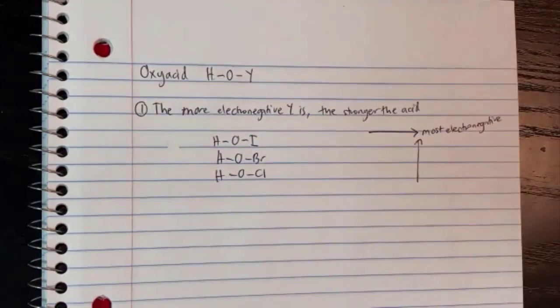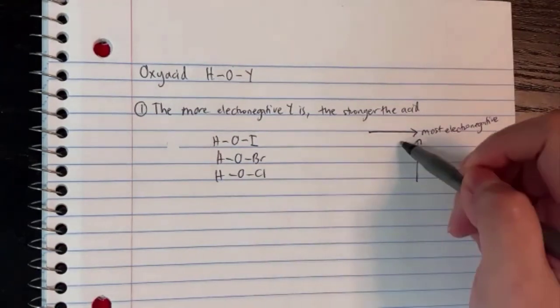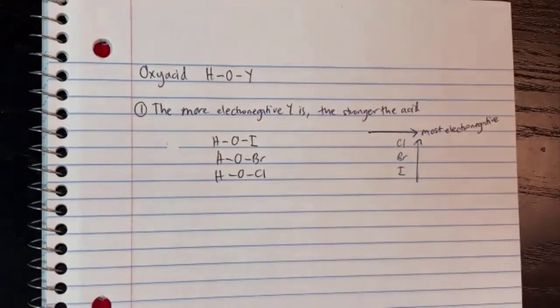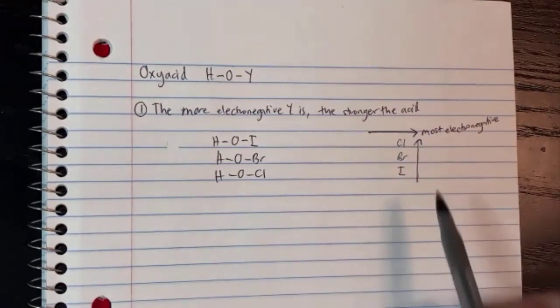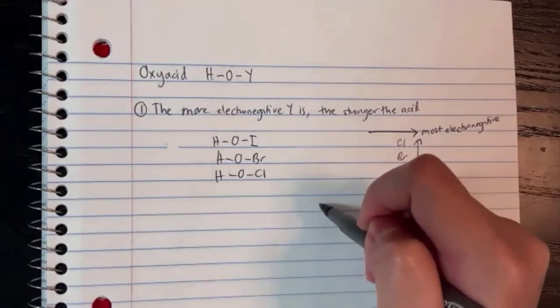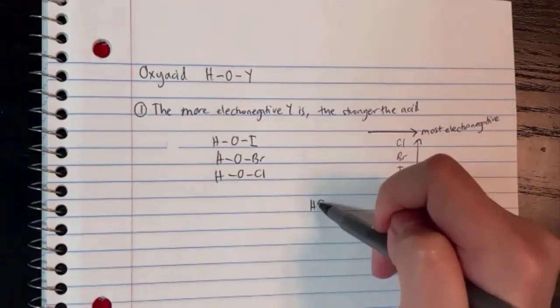How will we judge the strength here? Well, we have to look at the periodic table. Cl comes on the top, right here, and then you have Br, and then you have I. Okay, so the most electronegative here will be the strongest. So you see how it's a little different from the binary acid trend, so you have to be really, really careful with that, okay?